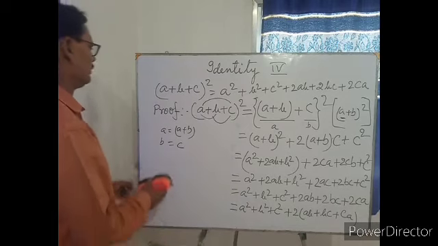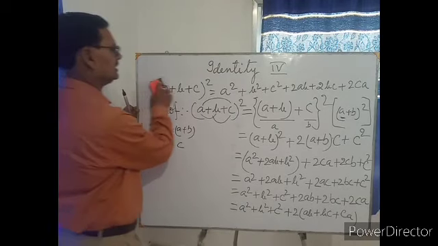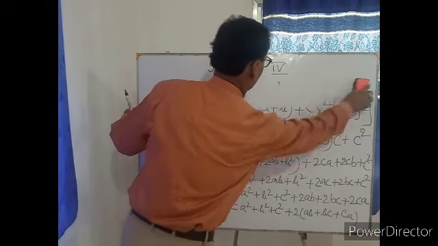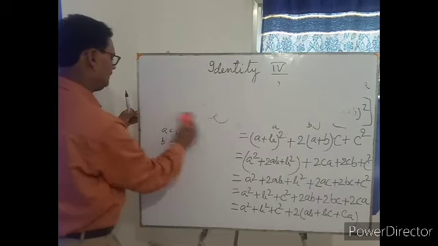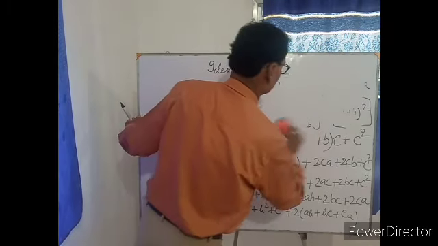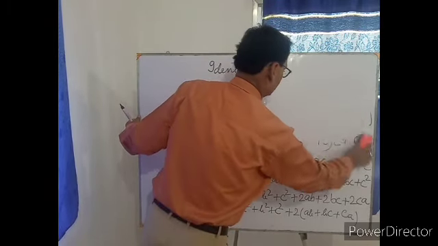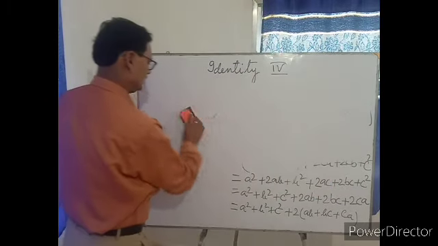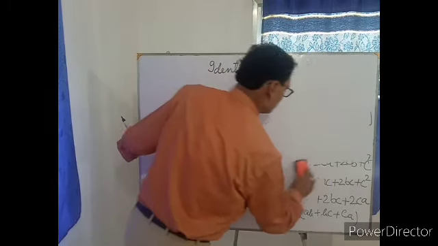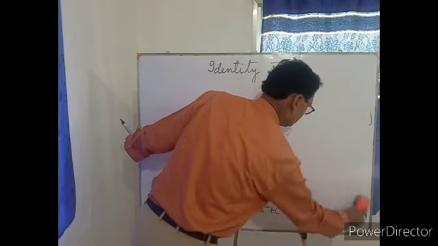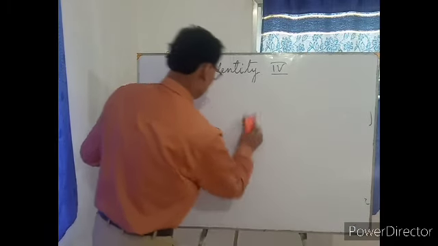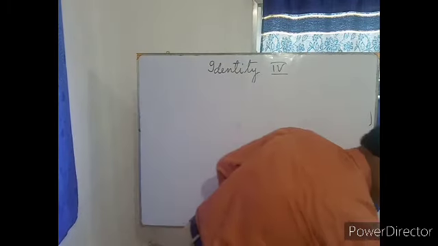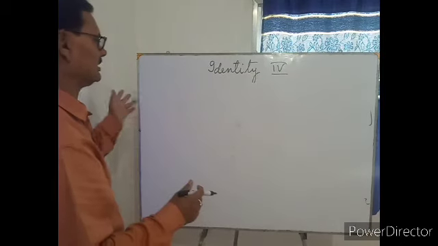Now we are going to solve some problems based on this identity. I am going to explain on the blackboard and then you will be able to solve the other questions also. So dear students, let us see a problem based on this identity (A plus B plus C) whole square.